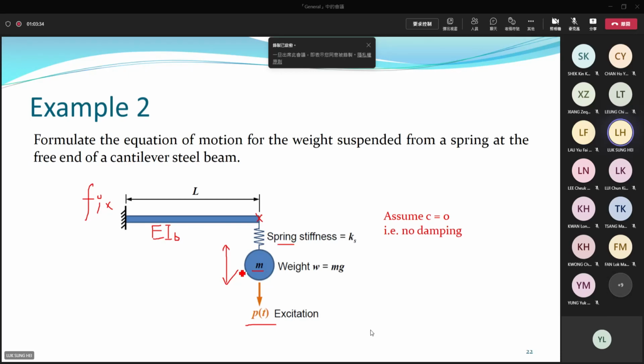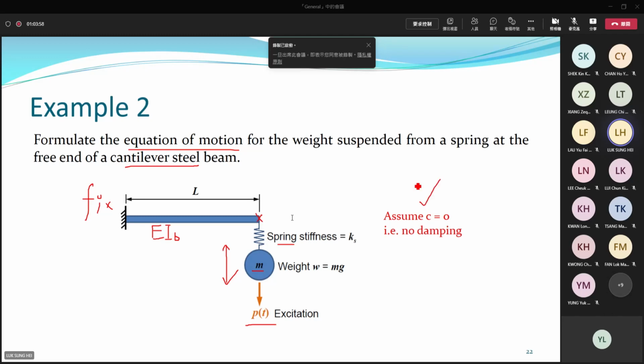So answer the same questions. Try to formulate the equation of motion for the mass, for this concentrated mass M under this vertical force for this system, cantilever beam. To make the problem slightly easier, we assume that C is equal to 0.